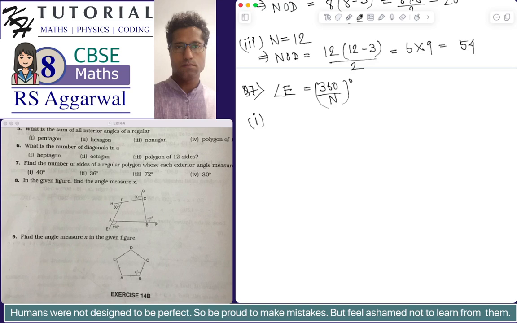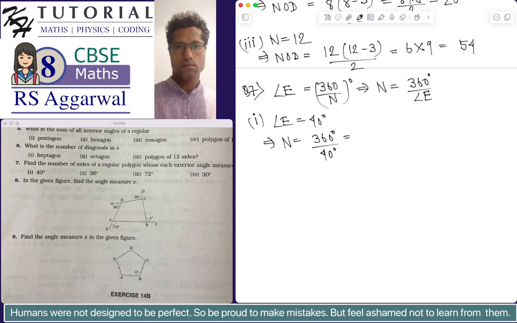So let's find what is the number of sides of the regular polygon, what is n, when E is given. It is given that the exterior angle is 40 degrees. From here we can say that n is equal to 360 degrees by angle E. So when the exterior angle is 40 degrees, n will be equal to 360 degrees by 40 degrees.